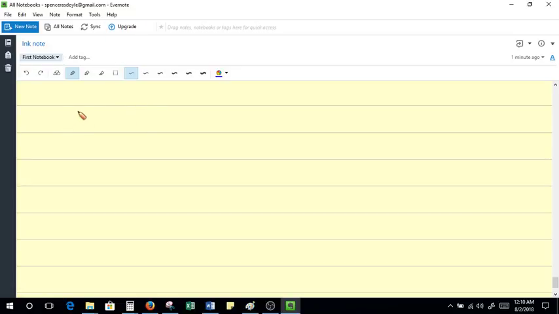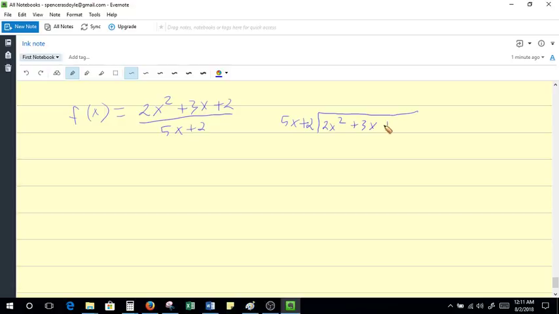If we have, well, let's just use the same function we had earlier. So f of x equals 2x squared plus 3x plus 2 all over 5x plus 2. So if we're going to do polynomial long division with this, 5x plus 2, inside we're going to get 2x squared plus 3x plus 2.